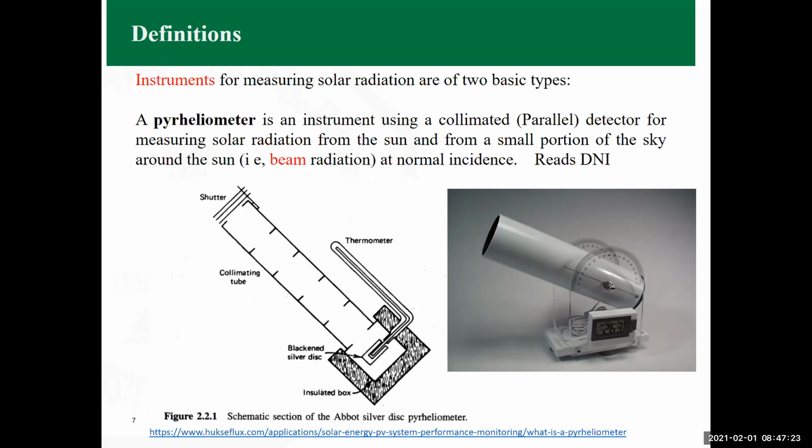As you see here, the long tubes that it has allow the sensors to receive direct energy, which is DNI, as you can see here. So it's basically made for measuring beam radiation.